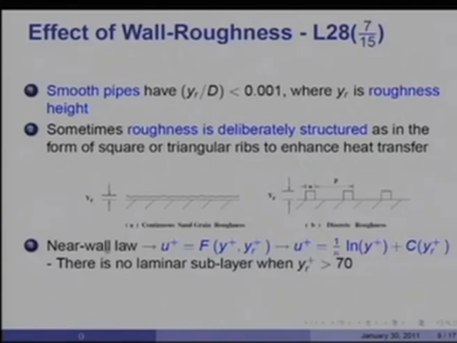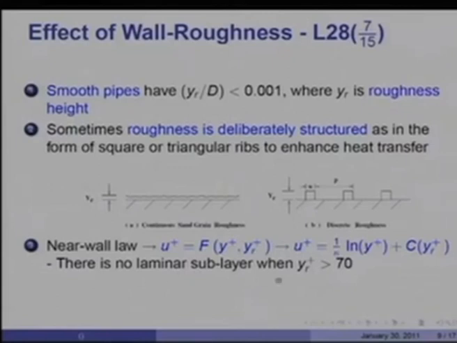What we would expect is the near wall law to be u plus now to be not only a function of distance from the wall y plus, but also the y r plus, the roughness height. And since we do not expect much of a laminar contribution, we will essentially have a turbulent layer developing, and therefore, we expect that u plus would be 1 over kappa ln y plus c, which would be a function of the roughness height y r plus.